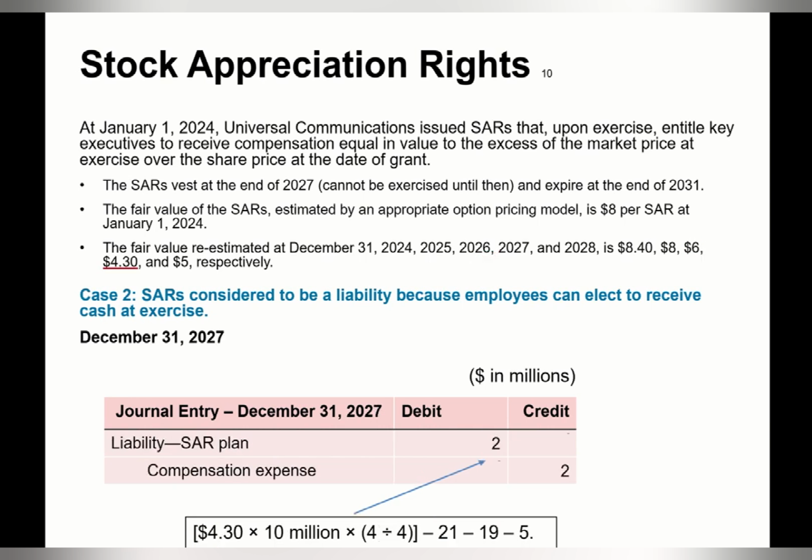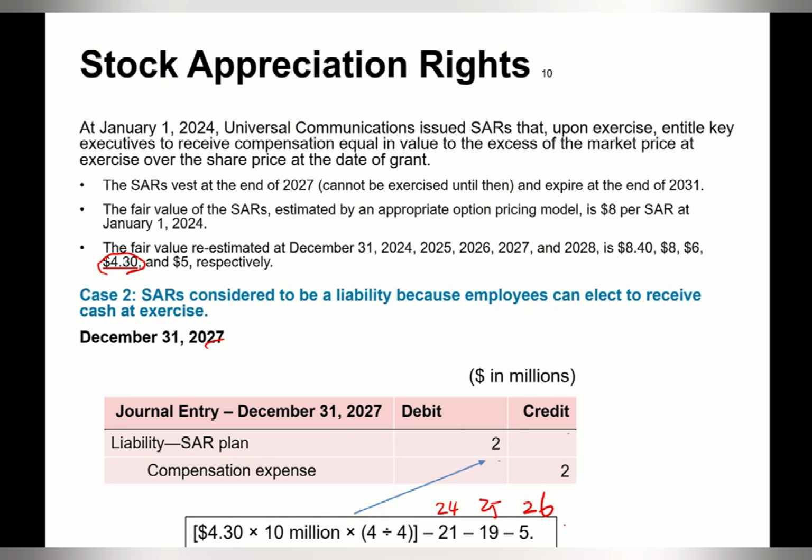So last year, 27. Now it's very interesting. 27, the fair value is 4.30 times 10 million SARs times accumulative is 4 over 4 minus 21 recognized in 24, 25, and 26.